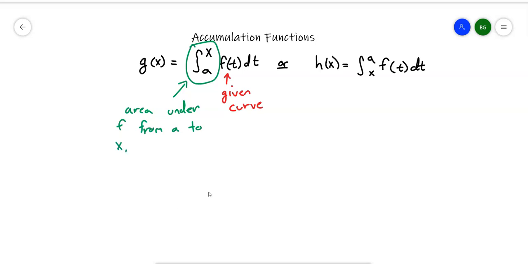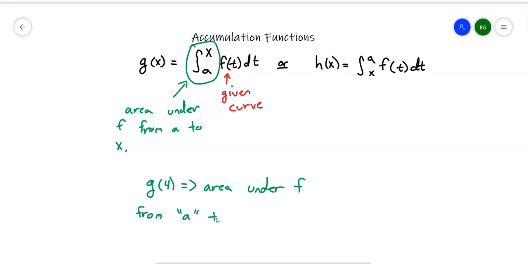Okay, so as an example, if I wanted to find g of 4, what that would mean conceptually is the area under f from a, and we'll just have to set a to be whatever constant value that we'd like.